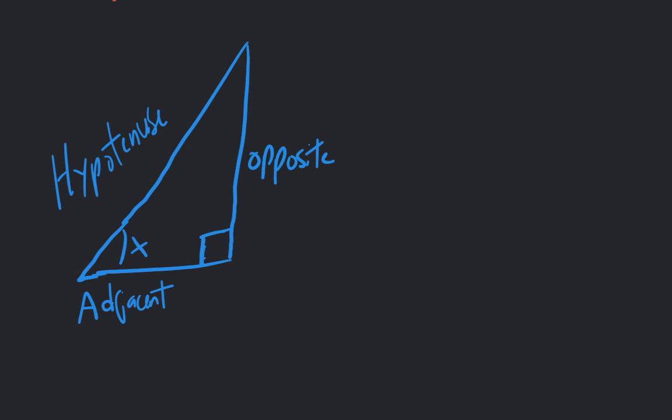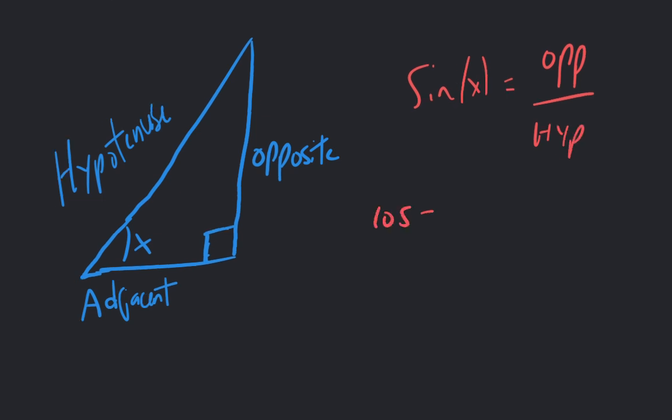There are three main trig functions: sine of x, cosine, and tangent. Sine of x would be the opposite over the hypotenuse. Cosine of x would be the adjacent over the hypotenuse.